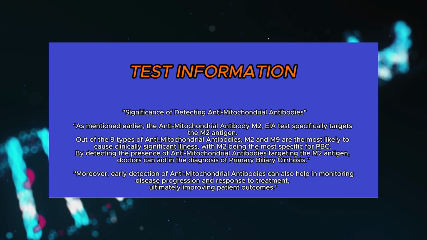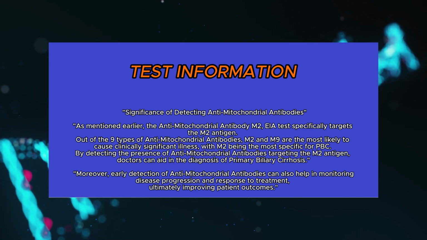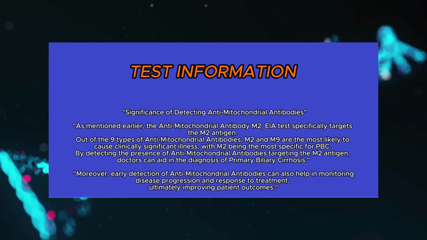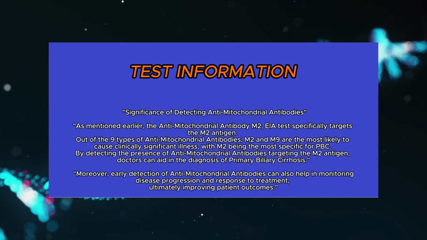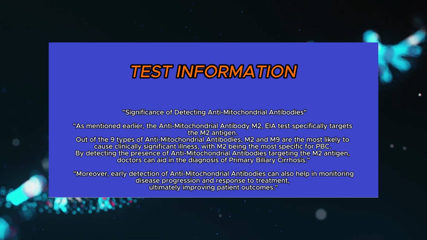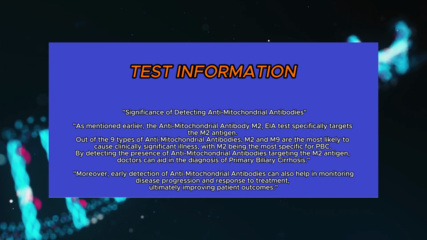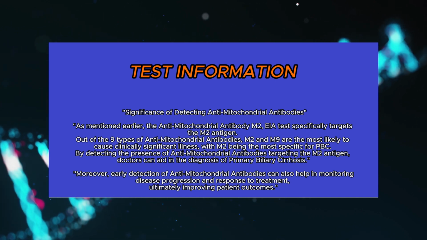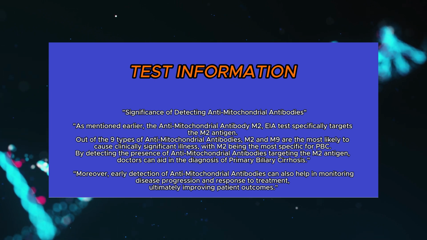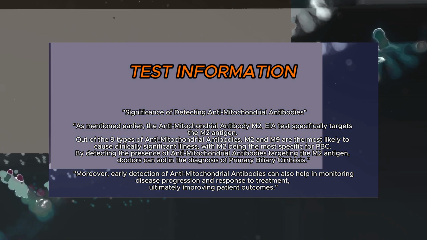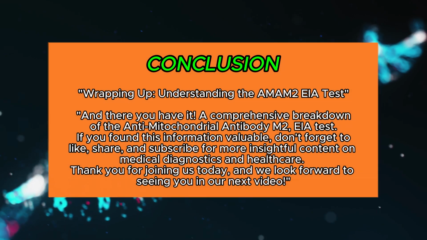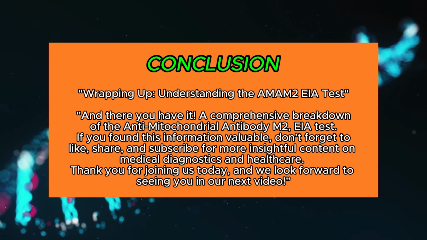By detecting the presence of anti-mitochondrial antibodies targeting the M2 antigen, doctors can aid in the diagnosis of primary biliary cirrhosis. Moreover, early detection of anti-mitochondrial antibodies can also help in monitoring disease progression and response to treatment, ultimately improving patient outcomes. Conclusion. Wrapping up, understanding the AMA-M2 EIA test.